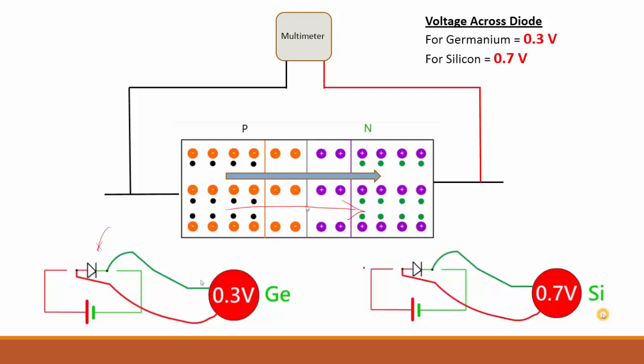If the diode is made up of silicon, then the voltage across the diode will be 0.7 volt. That means my diode will get forward biased at 0.7 volt if it is made of silicon, and the PN diode will get forward biased at 0.3 volt if it is made of germanium.